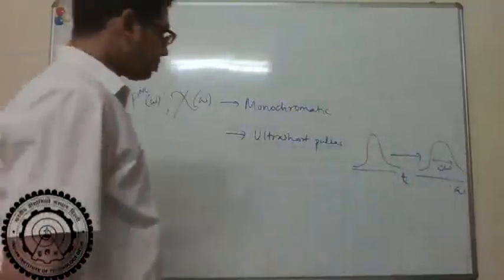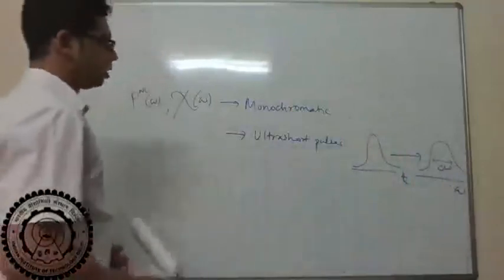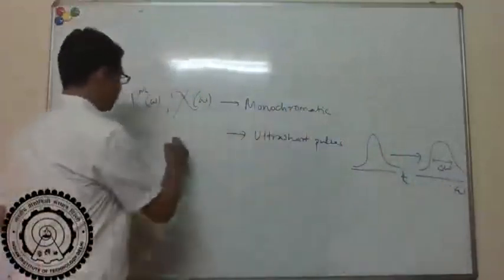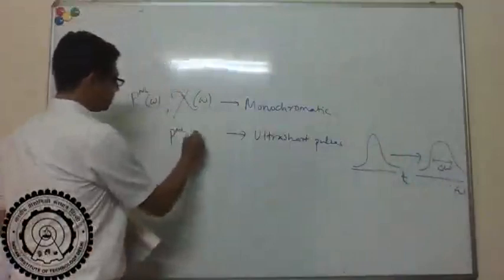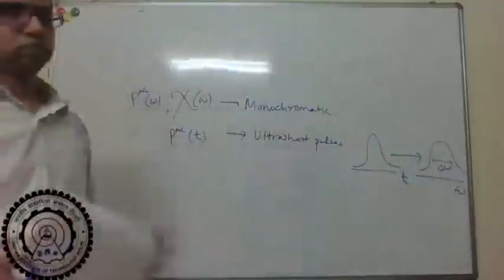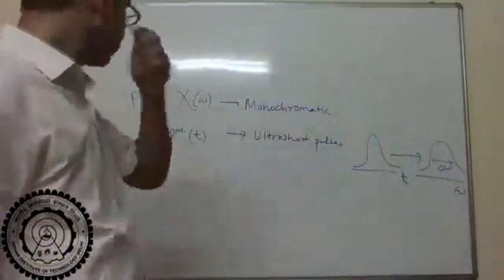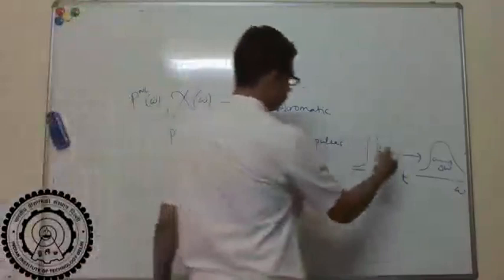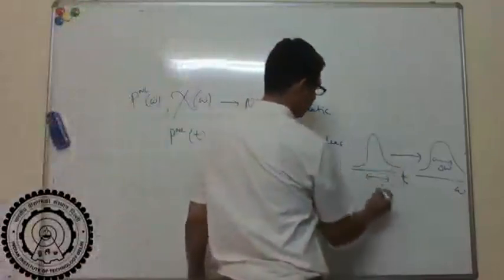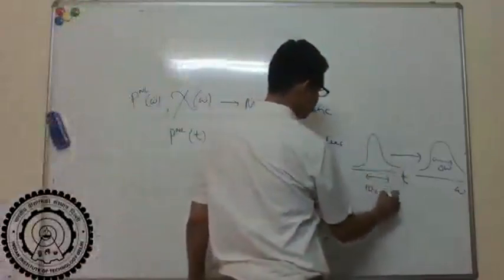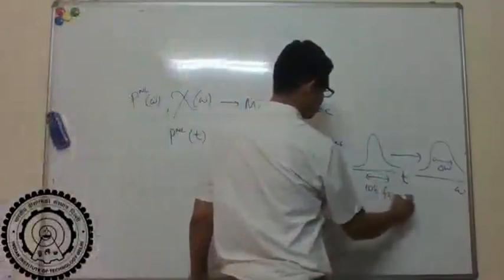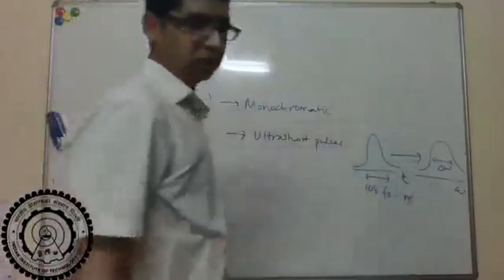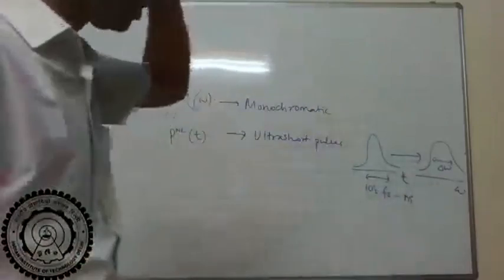So for such interactions where you have optical pulses involved, a time domain description is more useful. You could have these pulses as short as, let's say, tens of femtoseconds to as long as, let's say, a nanosecond. So you have various different kinds of optical pulses.